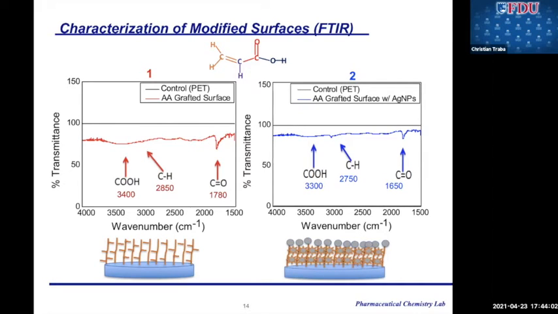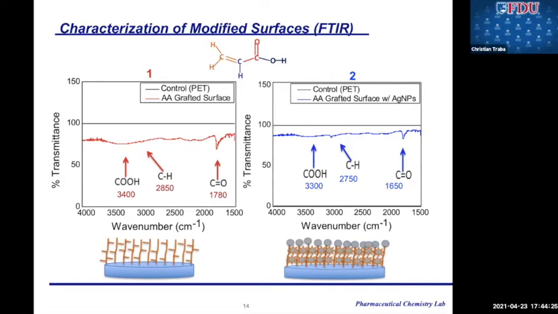Figure 2 shows our control group, our acrylic acid surface, our plasma-treated surface, and our anti-infectious surfaces, also known as the acrylic acid grafted surface with silver nanoparticles. But back to figure 1.